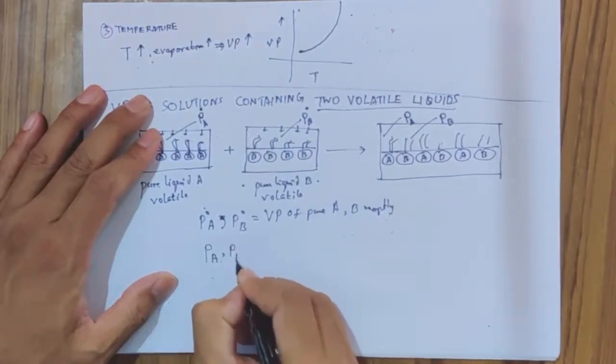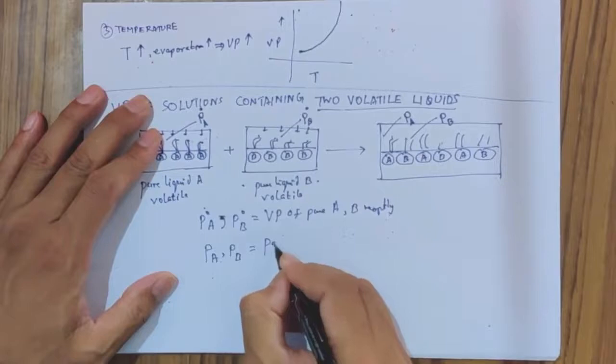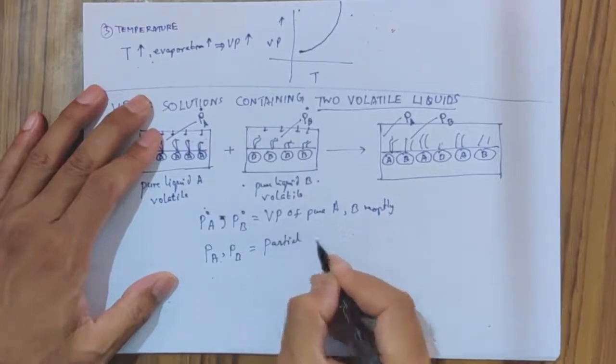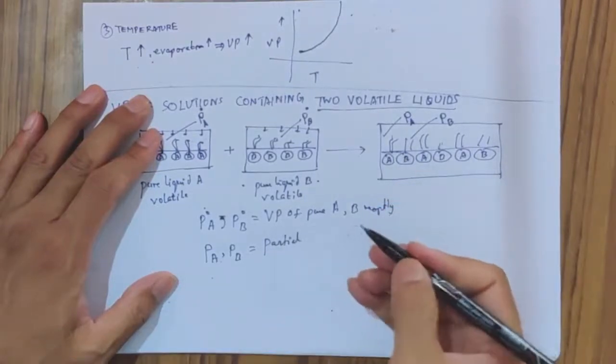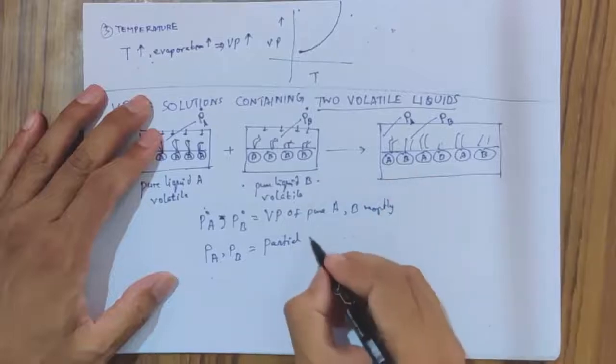PA and PB are partial pressures, the partial vapor pressures in the mixture.